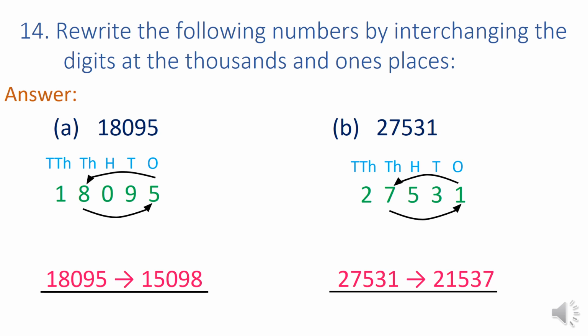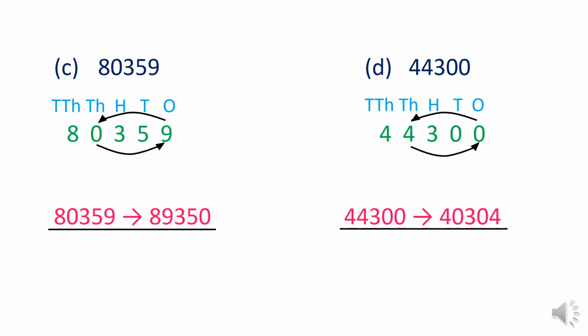So the answer is 21,537. Our next number is 80,359. In this number, the ones place number is 9 and the thousands place number is 0.